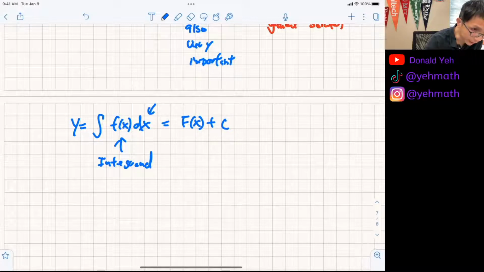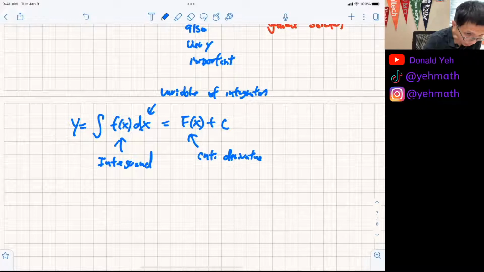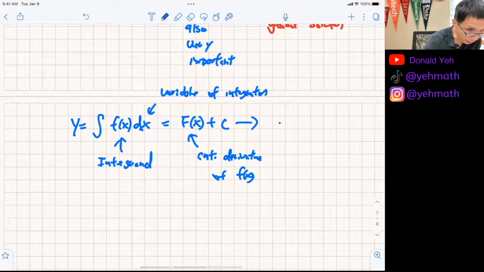This part is the variable of integration. And this is the antiderivative of f of x. And c is called the constant of integration.